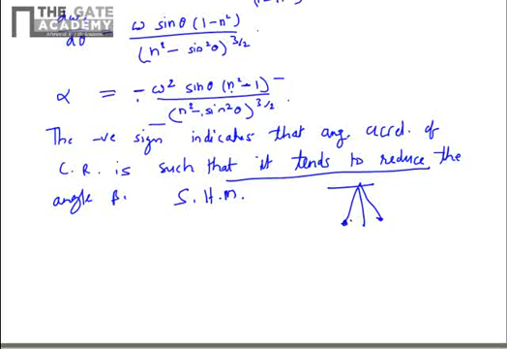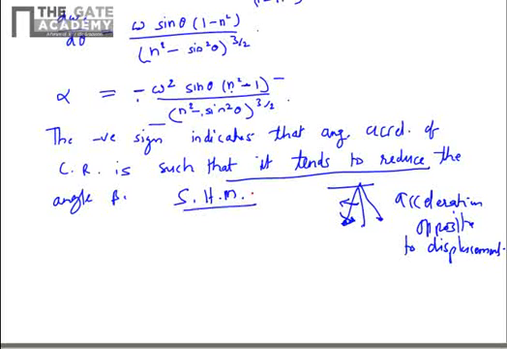When the pendulum is in extreme position, the acceleration tends to bring the theta towards the equilibrium. So if the theta is towards this direction, towards left, the acceleration will tend to bring it towards equilibrium, that is towards the right. So acceleration always acts opposite to displacement. That is the characteristic of a simple harmonic motion. So the connecting rod is executing a motion something similar to the simple harmonic motion.